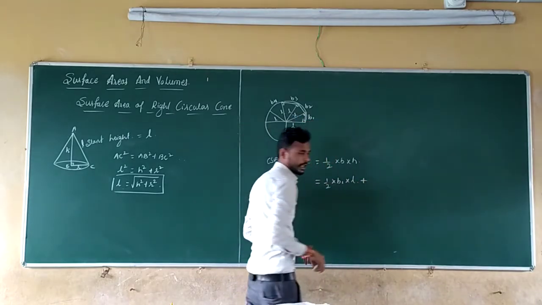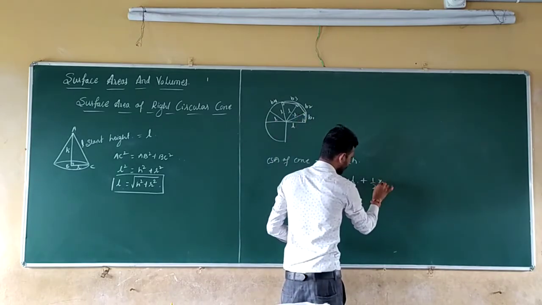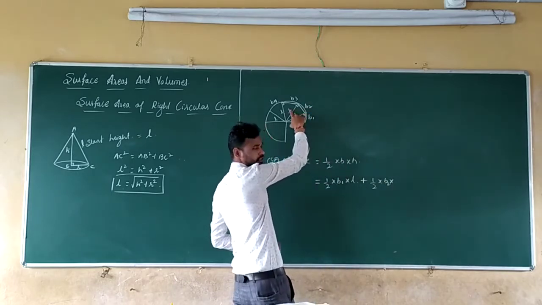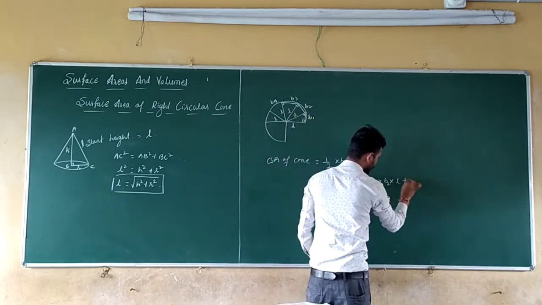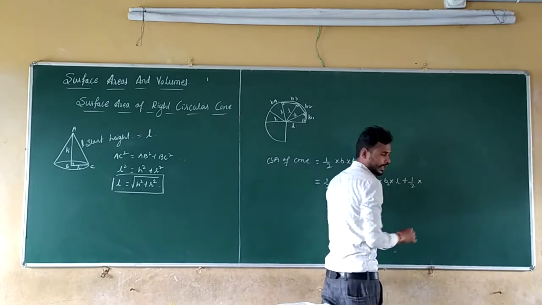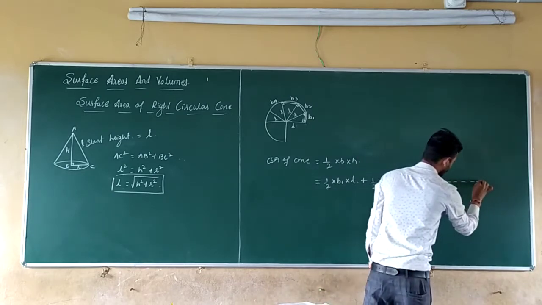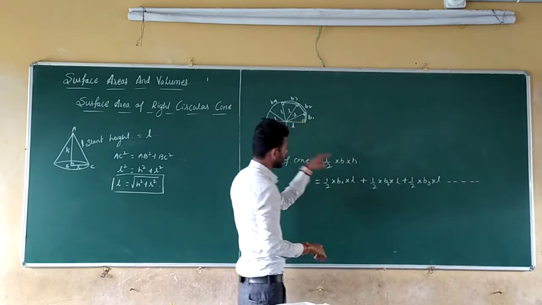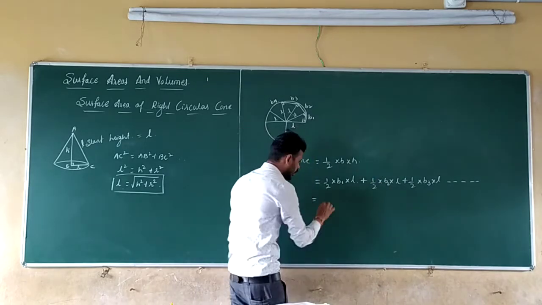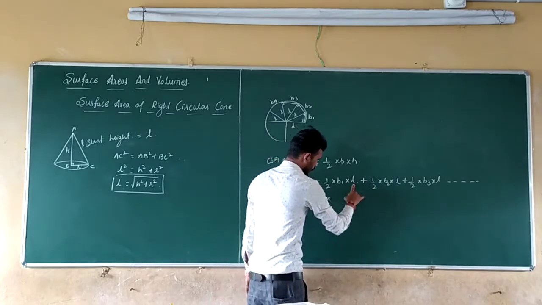Similarly for the second triangle, half into B2 into height, which is the same L, plus half into B3 into L for the third triangle, till the end. What is common in this? Half into L is common.